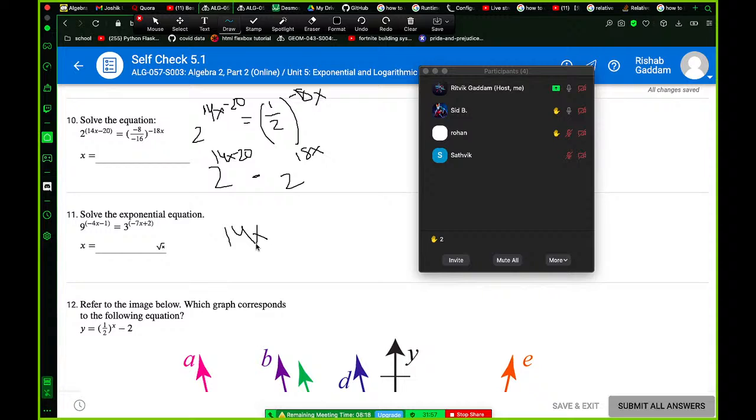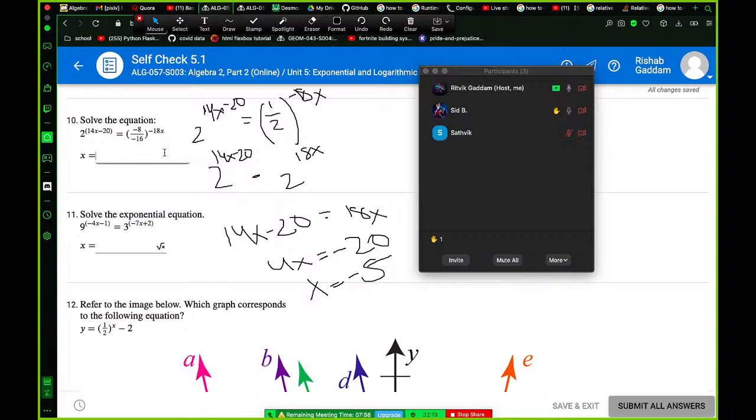And you can take away the 14x from the 18x, and that'd give you 4x on the right. So 4x equals 20. So x would equal 5. Negative, yeah, 5. It would be equal to negative 5. Not 5. So that's negative 5.